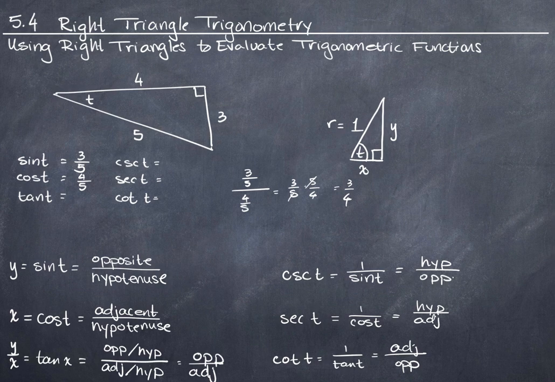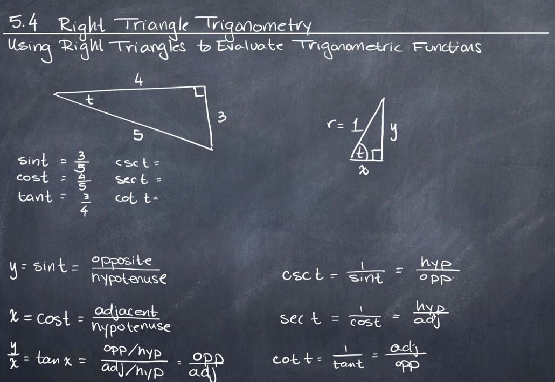Or you can go straight to the idea that tangent is equal to opposite over adjacent, which is 3/4. You can also spot that from here. The numerators of both the sine and the cosine are the numerator and denominator of tangent because those 5s will cancel when you do this. Okay, I'll get rid of that.